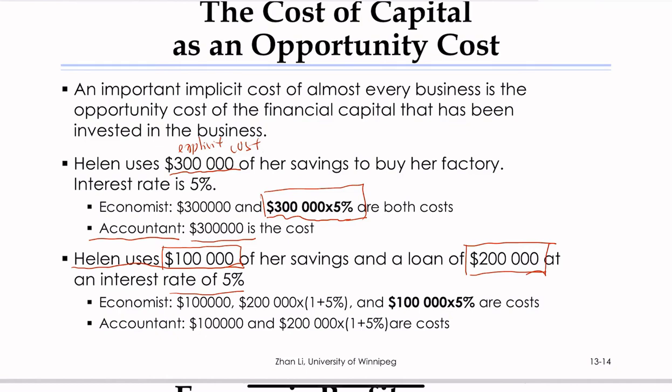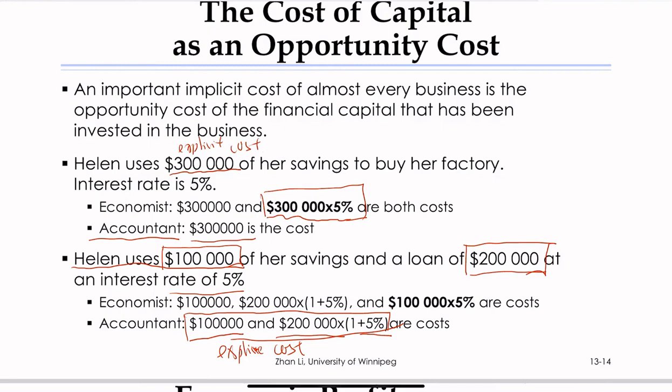So in the end, the explicit cost would be given by Helen's own money, the loan Helen has taken from the bank, and the interest payment Helen has to make to the bank. So essentially, you can see that these are explicit costs, right?